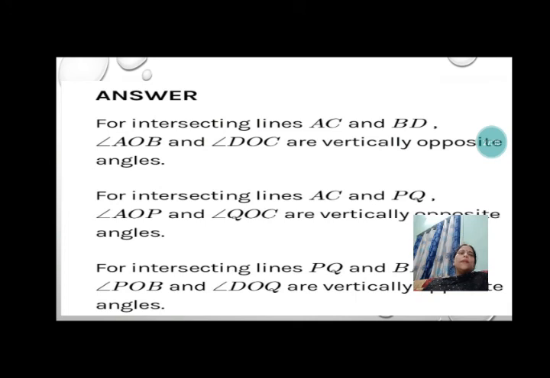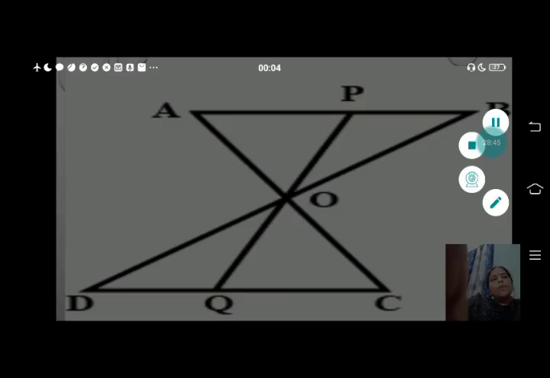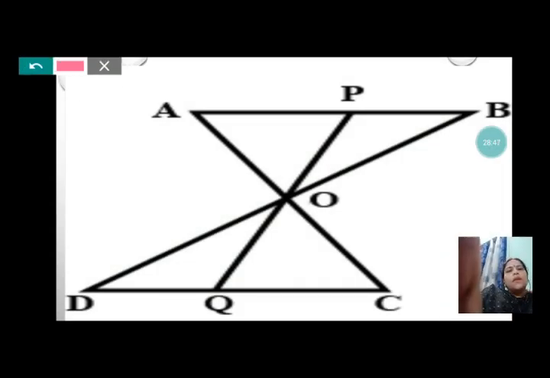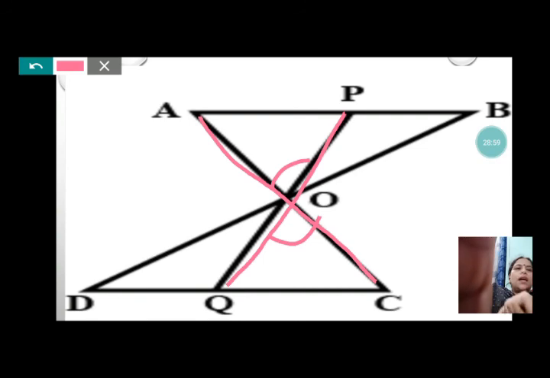Then for intersecting lines AC and PQ, AOP and QOC are vertically opposite angles. Here AC and PQ, this and this, AOP and QOC, they are vertically opposite angles.